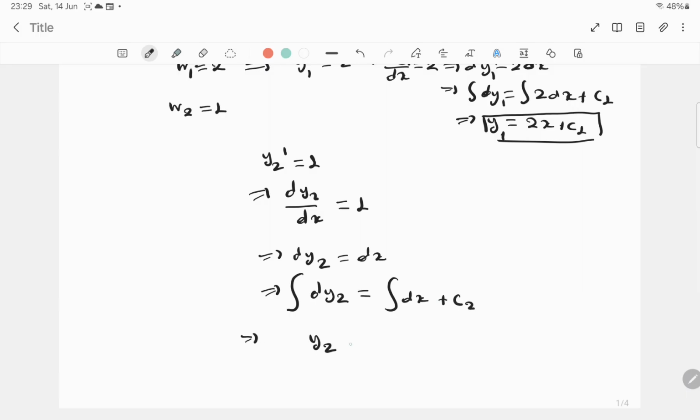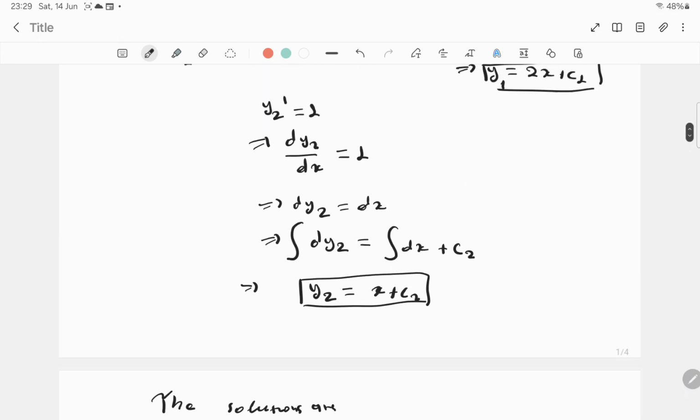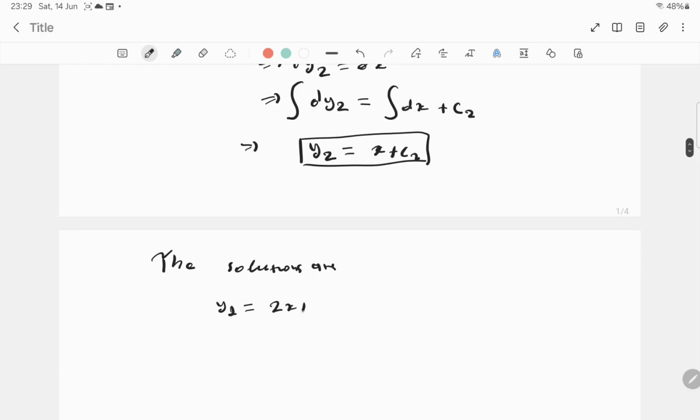From here I have y2 equals x plus c2. So the two solutions, let's summarize, are y1 equals 2x plus c1 and y2 equals x plus c2, and c1 and c2 are real numbers.